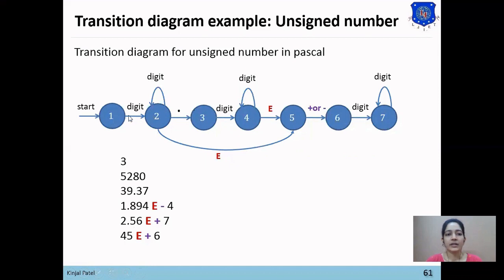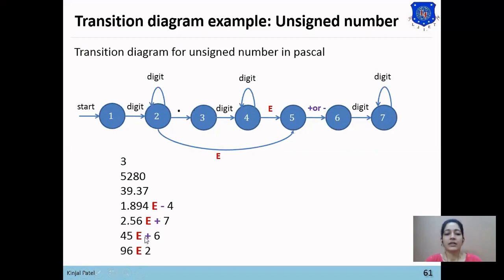Here from 4, with a self loop at 5, then directly e, so 45e, choose the plus or minus sign, then take one digit 6. So if you want to write the integer 45 e raised to plus 6, we can directly pass e to state 5.